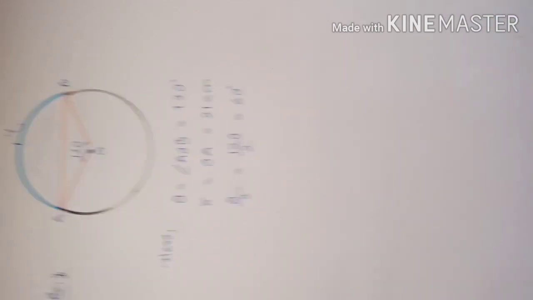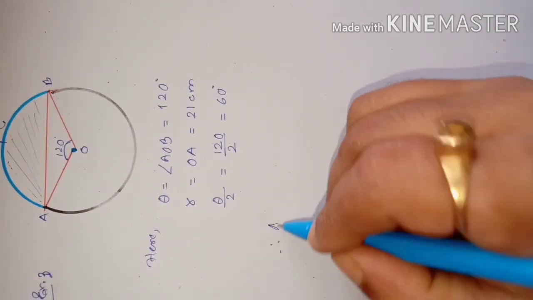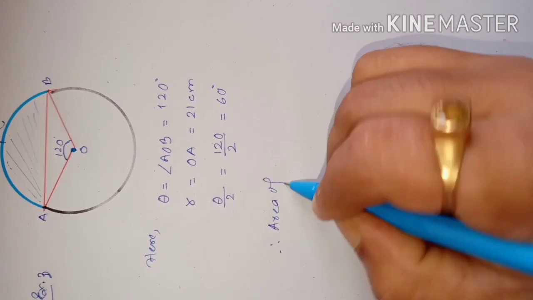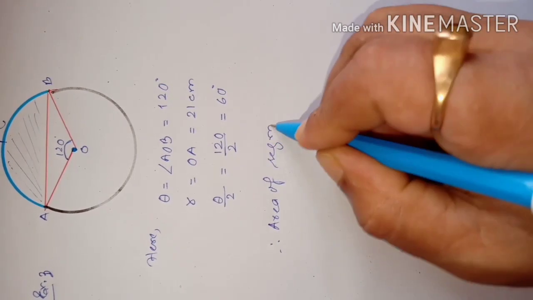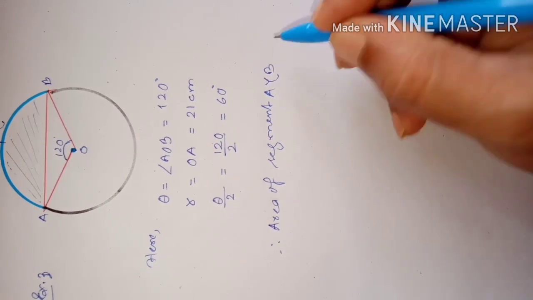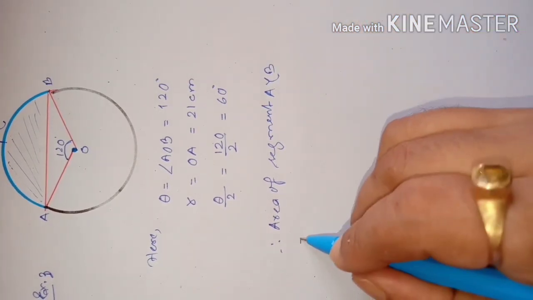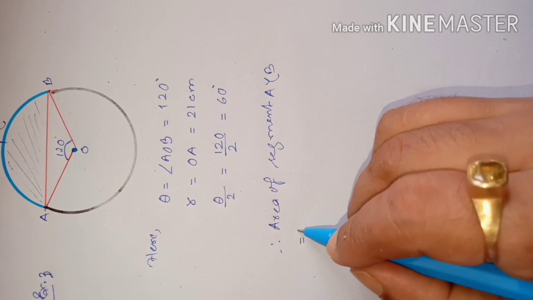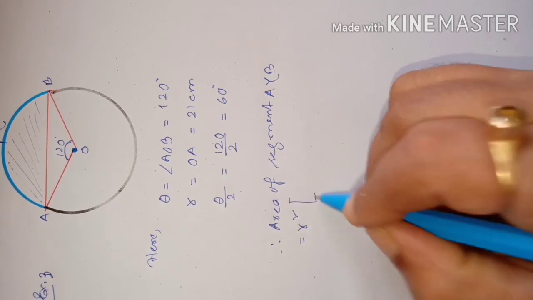Now therefore area of segment AYB is equal to, what is the area formula? Just now we have learned, we have to learn it by heart.